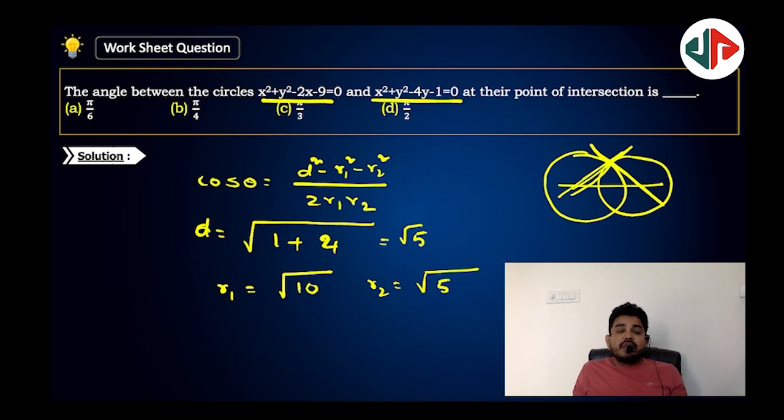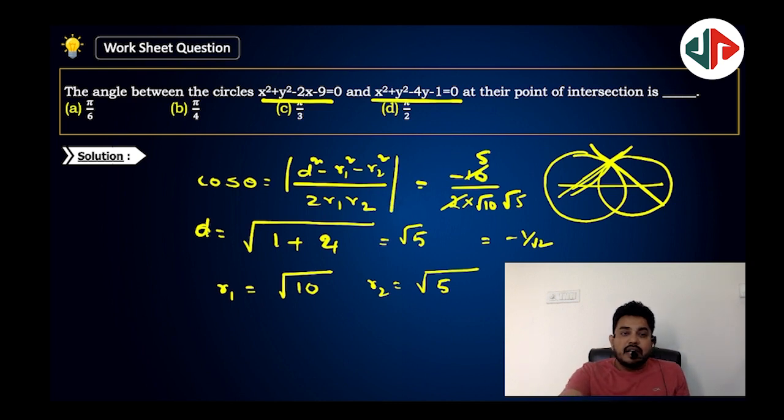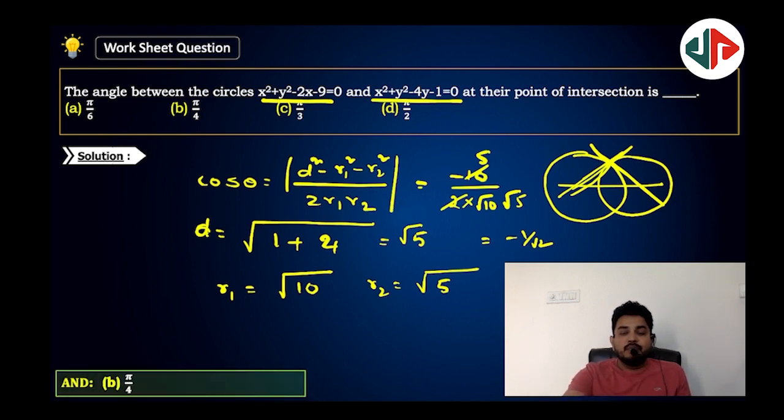So cos theta is equal to d square minus r1 square minus r2 square, that is 5 minus 10 minus 5, which is minus 10, divided by 2 into root 10 into root 5. When you cancel, this value is equal to minus 1 by root 2. So we'll go ahead with the modulus, and the answer is pi by 4.